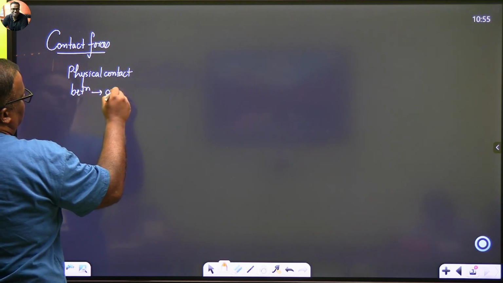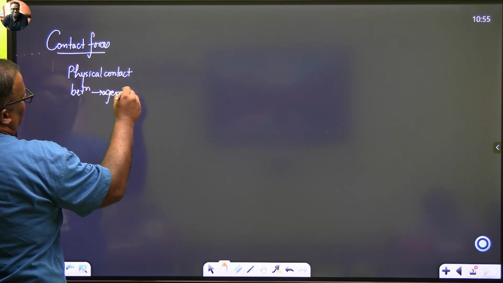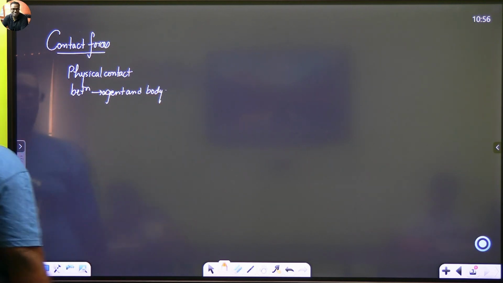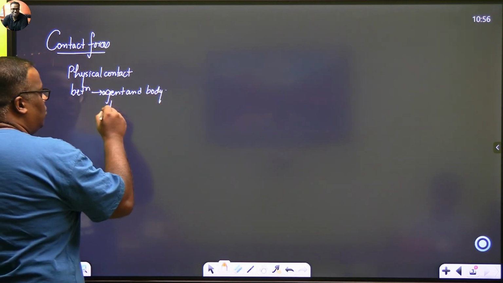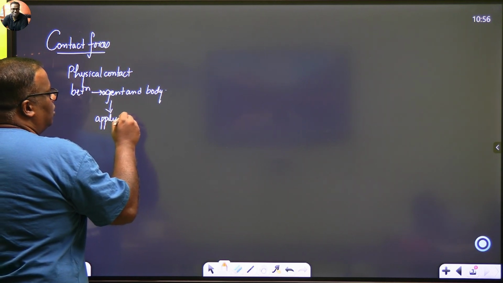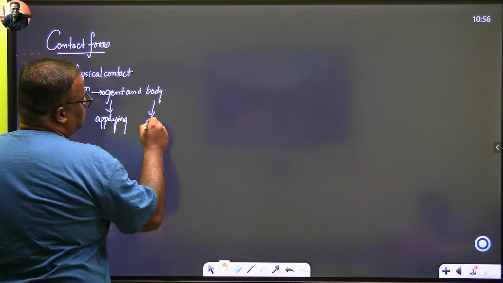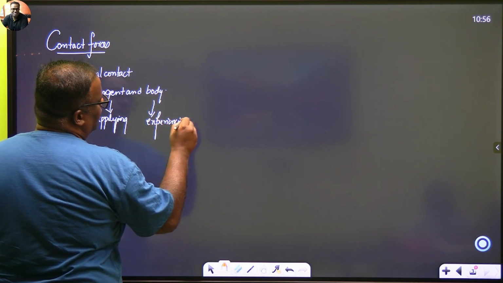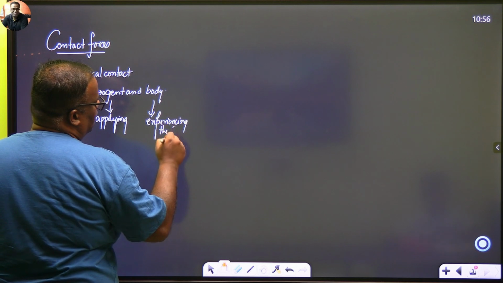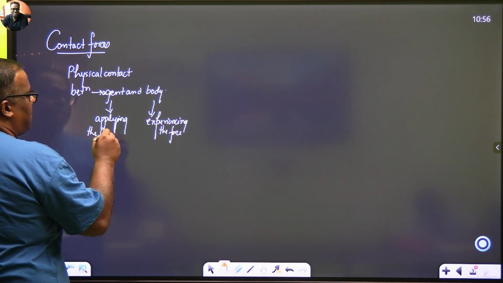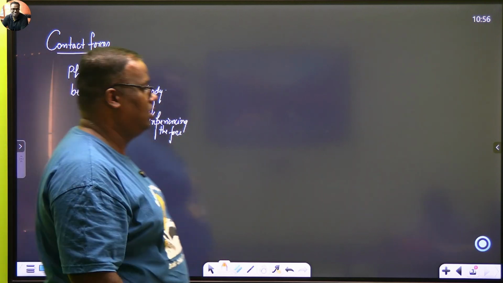The agent and the body. The agent, the one who is applying the force, and the body who is experiencing the force. Right. There has to be a contact.